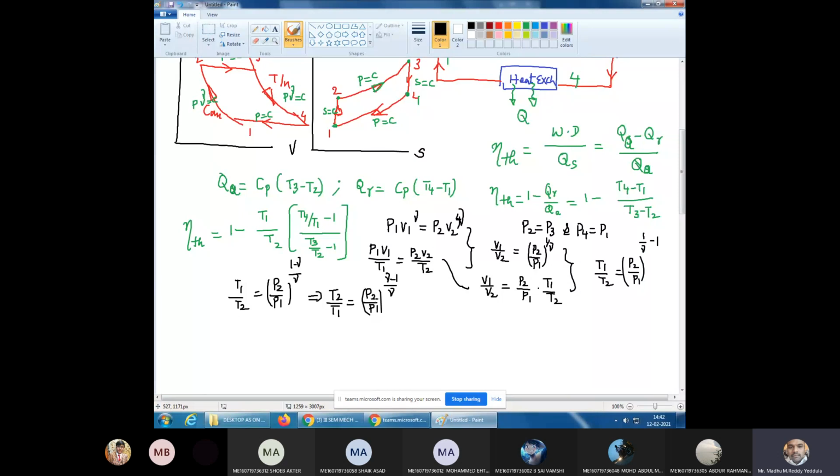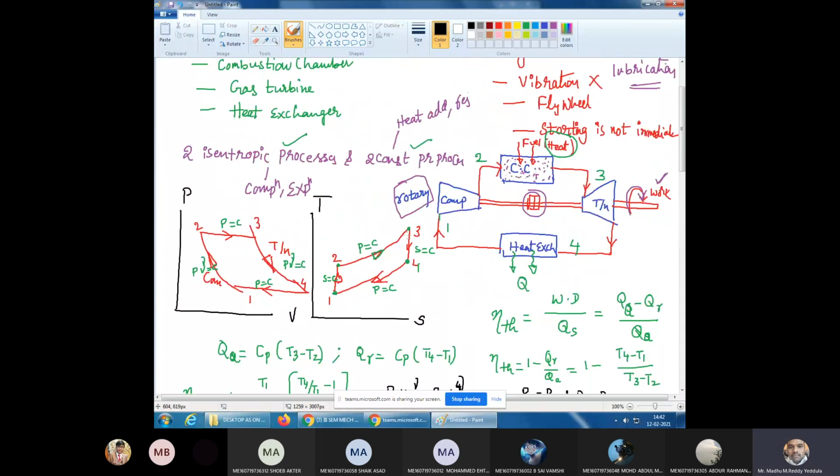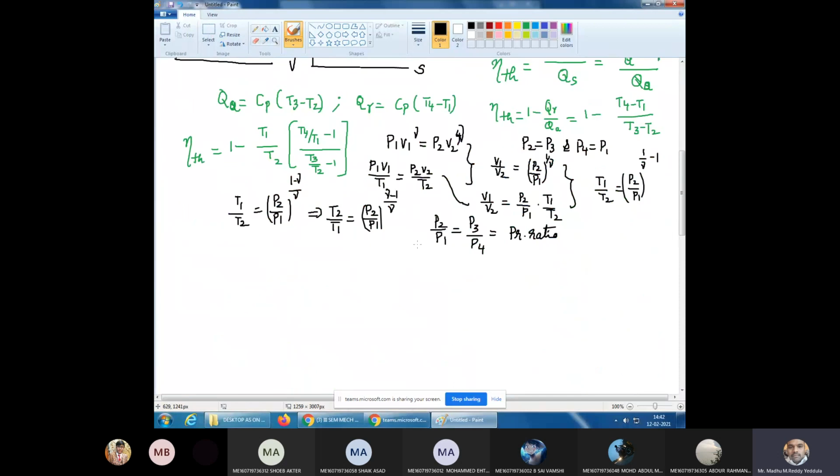So T2 by T1, then T3 by T2 is there, T4 by T1 is there. What is P2 by P1? P2 by P1 is also equal to P3 by P4. I can call it the pressure ratio. Now 1 to 2 is isentropic compression, and 3 to 4 is isentropic expansion.